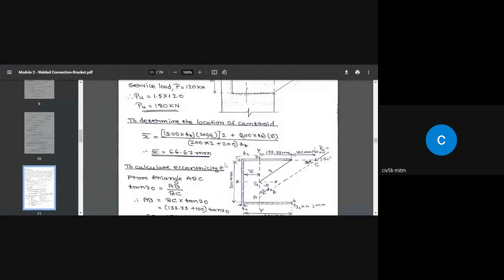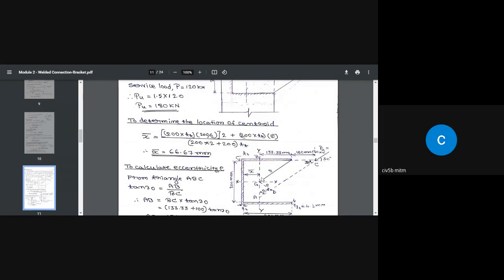The first thing, as usual, we do is to find out the location of the centroid of the weld. Of course, this weld is symmetric about the x axis, so the centroid is lying somewhere along the axis of symmetry. To locate the centroid, we need to find out x bar from this reference line.